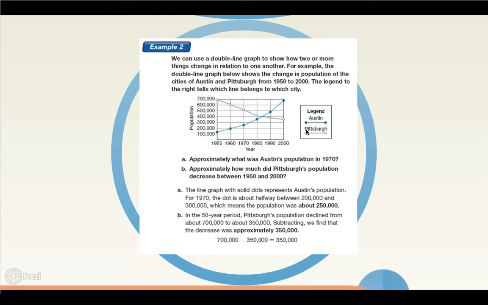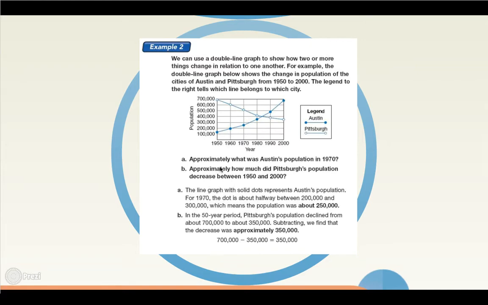This dark blue is Austin, this light blue is Pittsburgh. In 1950, Austin had a low population and Pittsburgh had a high population. Over 50 years, we can see a population drop in Pittsburgh and a population boom in Austin.